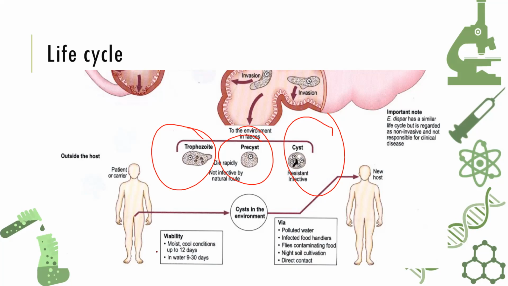Okay? If you were able to read the book, on the part of Entamoeba dispar, the book said it has the same life cycle as our Entamoeba histolytica. They have the same life cycle. They have the same mode of transmission.